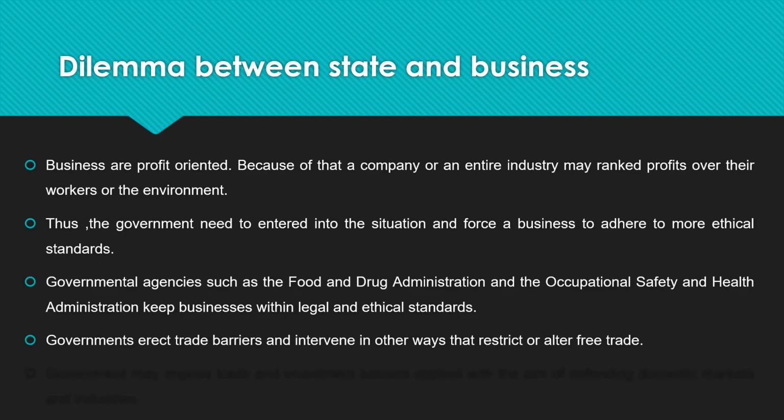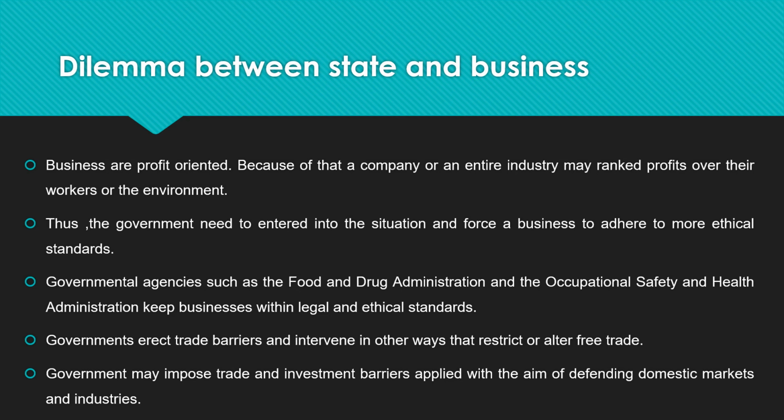Governments erect trade barriers and intervene in other ways to restrict or alter trade. They may impose trade and investment barriers applied with the aim of defending domestic markets and industries.